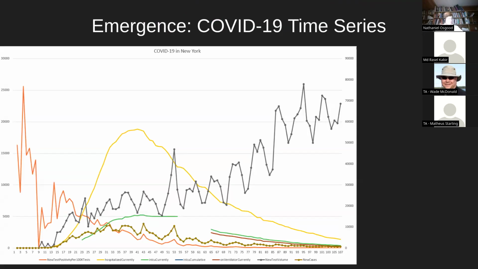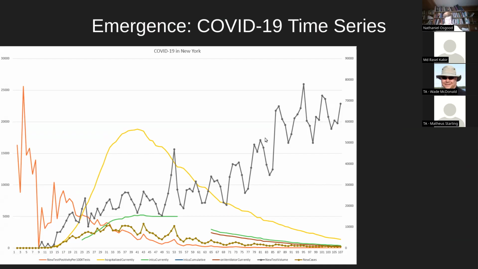We see them writ large in the number of measles cases seen in Alberta or in Texas, or in the numbers that we saw playing out during COVID-19 in New York City here in the early months of the pandemic, where here we saw information in yellow on number hospitalized.